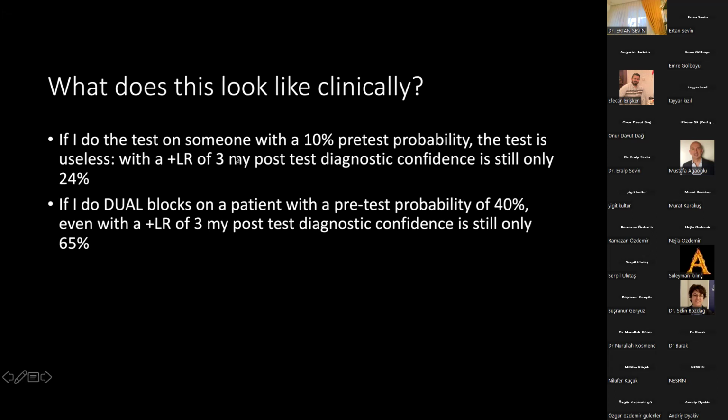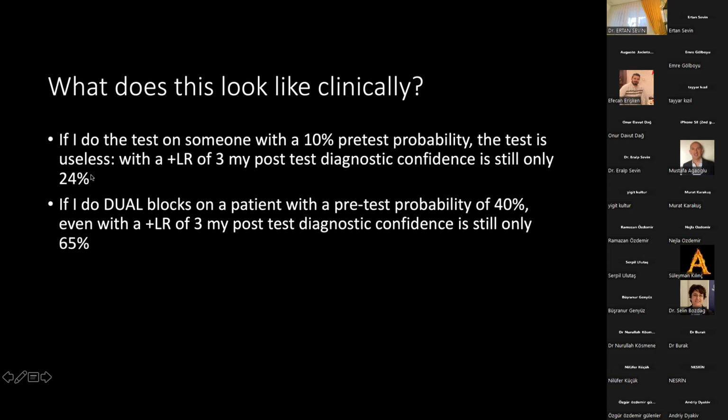You'll see some common pitfalls here in terms of diagnosis and treatment of facet pain. So if I take someone with a 10% pretest probability, so a young person, and I do medial branch blocks twice, which is still a likelihood ratio of about 3, if you put those numbers into the formula that I showed you, our post-test diagnostic confidence is still only 24%.